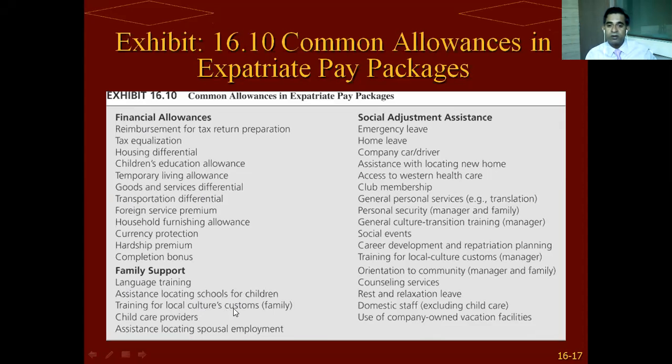Especially for countries like Japan, which are culturally very sensitive. When foreign nationals come to work in a different country, they should definitely be aware of the local customs and cultural norms.